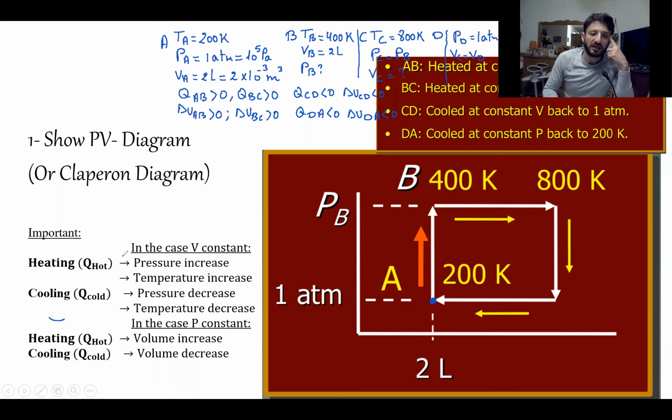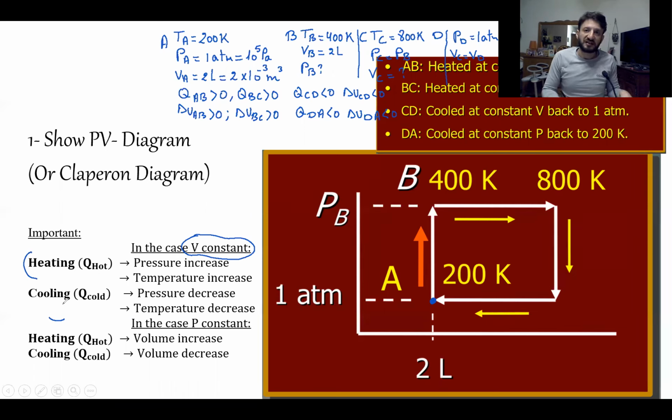In general, I repeat, in the case of V constant, Q hot means P increases and T increases.